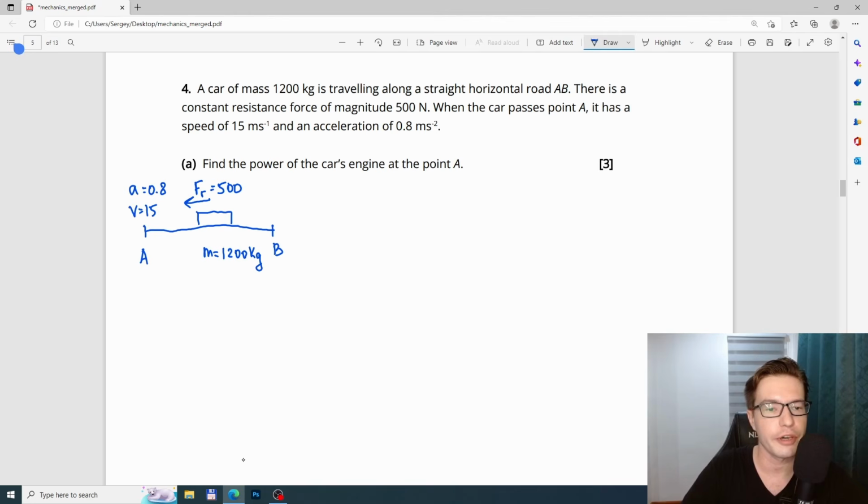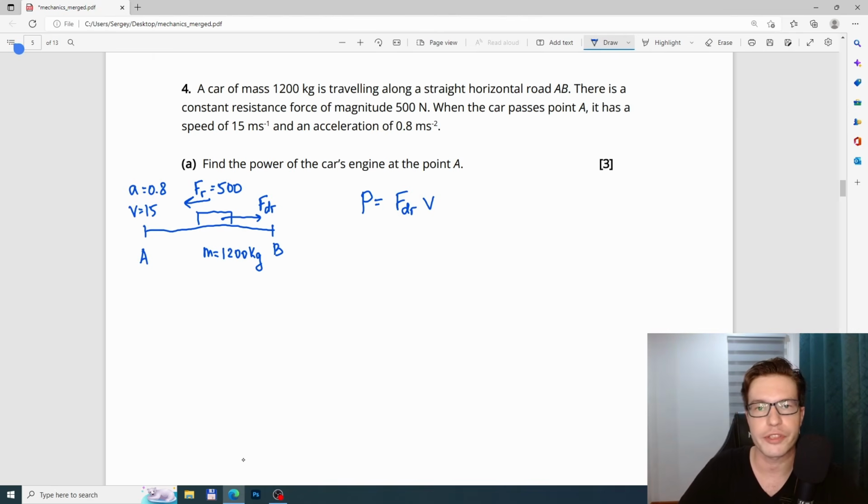Now, if you look at this diagram, there is one force missing. That's the driving force of the car. And if we're looking for the power, we can use the formula power equals driving force times velocity. We know the velocity, and all we have to find is the driving force.